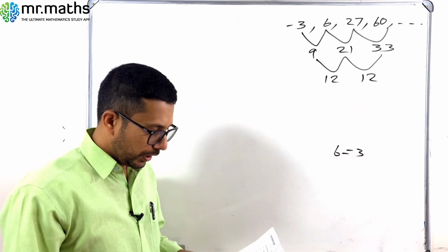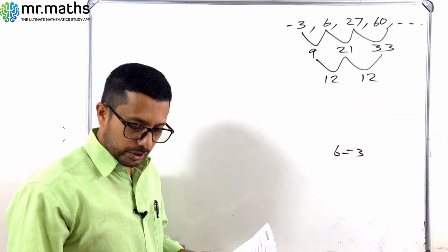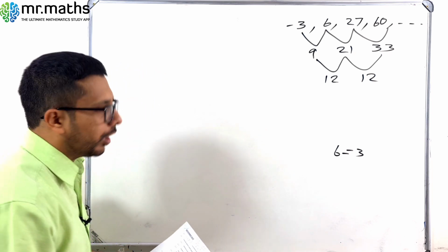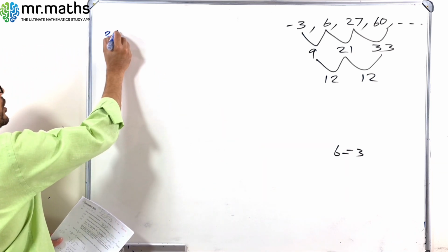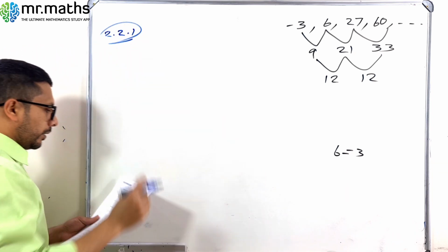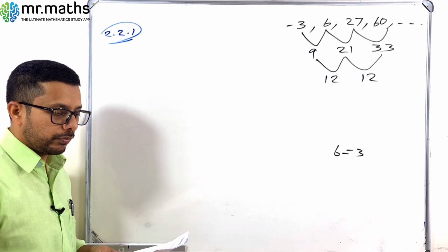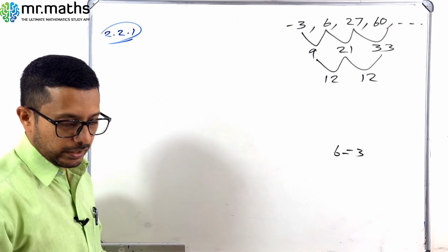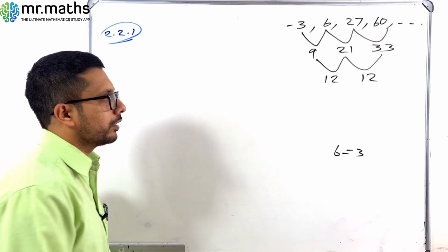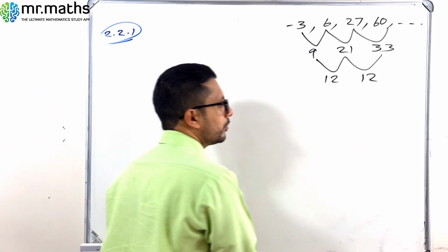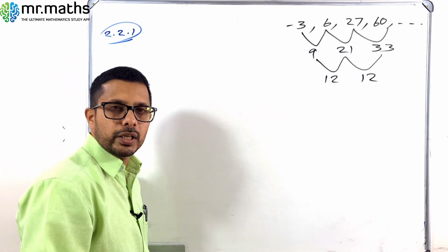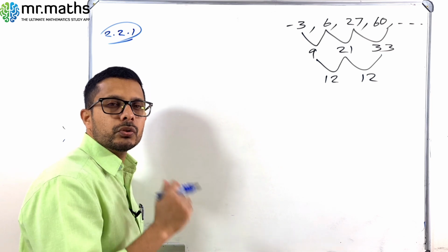You understand? Okay. Now, what is the first question? 2.2.1. What is that question? Determine the general term of the pattern in the form Tn is equal to an square. You have to find the general term. I already explained in the lesson what you have to do.